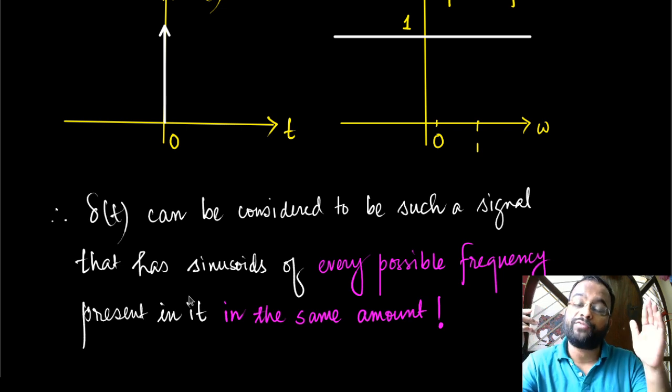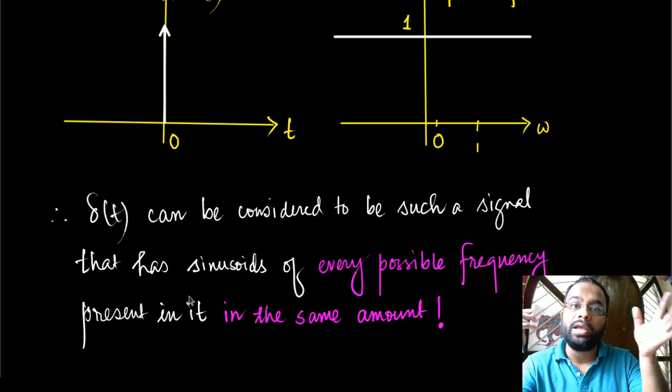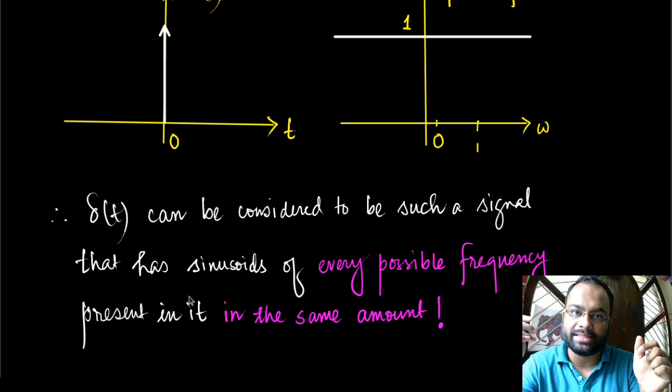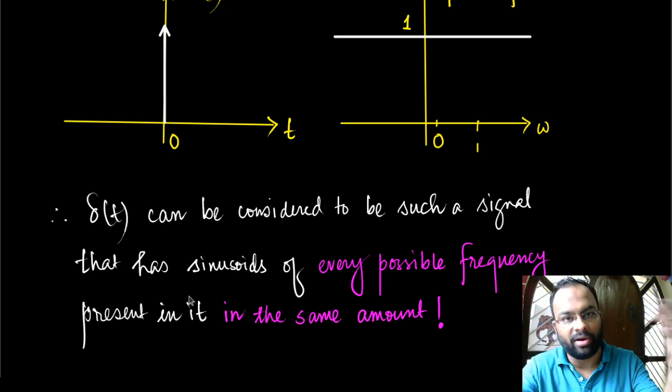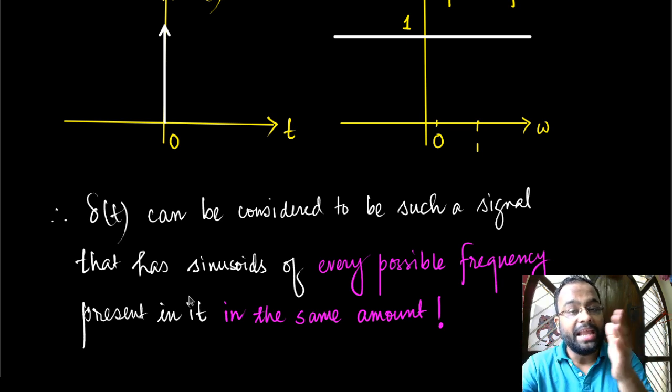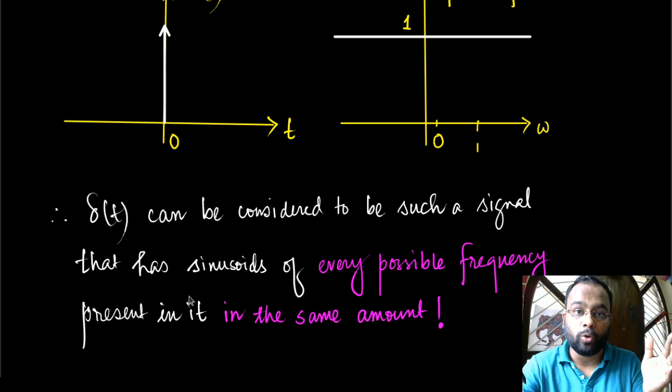From the perspective of the system, you are exciting the system with every possible frequency that the system might or might not ever encounter. And that is how, mathematically as a fact, the impulse response gives you the output of the system for every possible frequency the system might ever encounter.